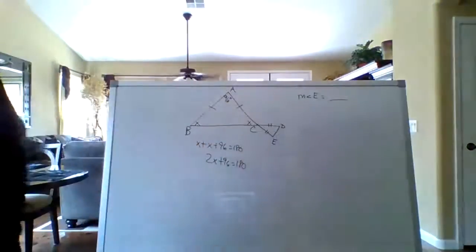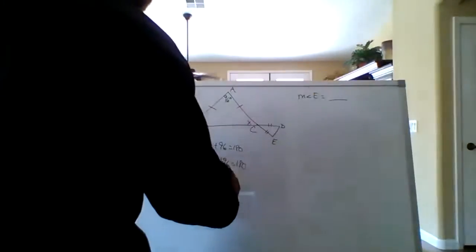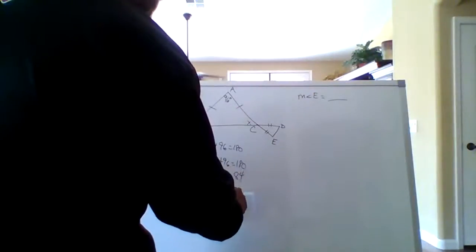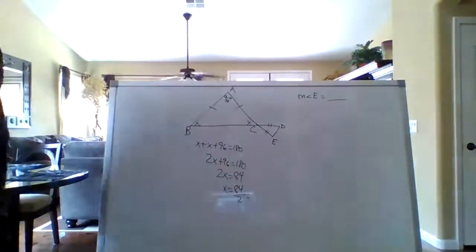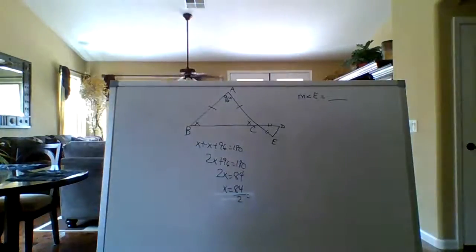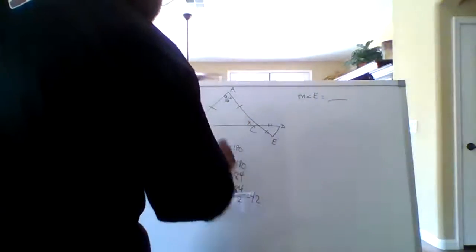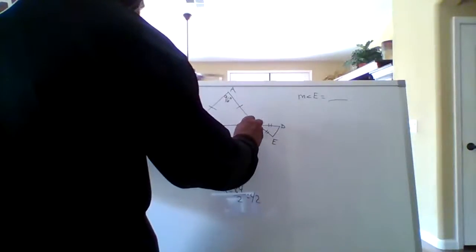And when we subtract 96 from 180, we get 84. So 2X equals 84. And when we divide 84 by 2, we get what? 42. So now I'm looking at this to be 42 degrees.